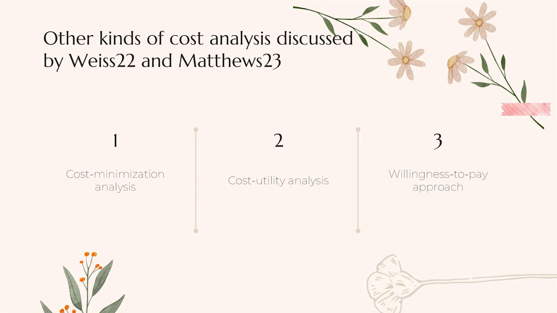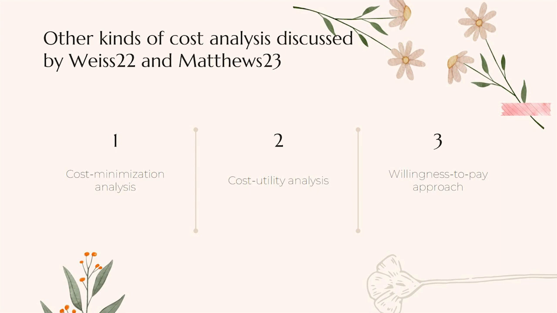Other kinds of cost analysis described by West and Matthews include the cost minimization analysis. It seeks to determine the least expensive way to accomplish some outcome. Cost utility analysis. It considers the value or worth of a specific outcome for an individual or society.